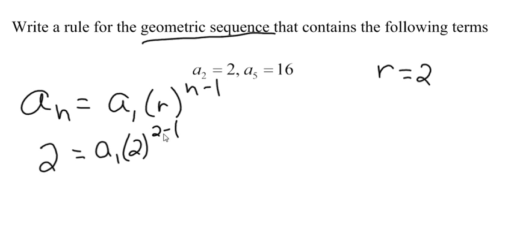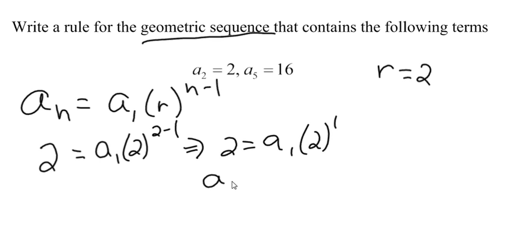We have one variable left, so solve this equation for that variable. Well, that would imply then that 2 is equal to a sub 1 times 2 to the first power, which is just 2. Divide 2 over to the other side, and we have a sub 1 is equal to 1.